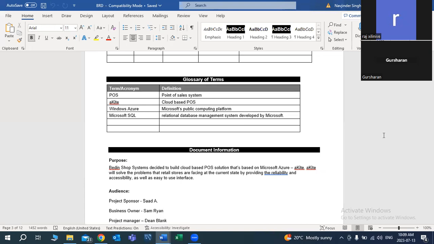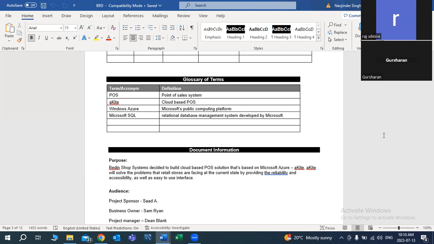The terminologies vary depending on the domain; ours is a retailing domain, but it could be any other domain. Whatever the terminologies and jargon used, they will be updated under the glossary of terms, so that it is easy for people preparing or going through the project documentation afterwards to know the new terminologies.